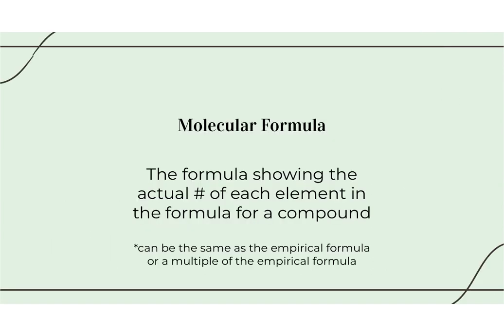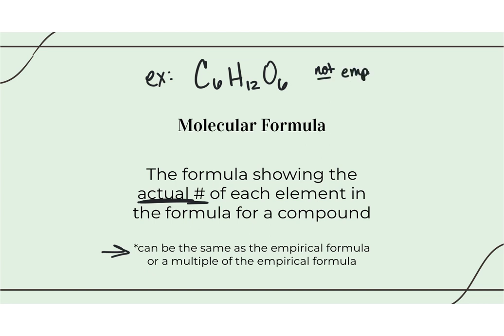So how does this then vary from a molecular formula? A molecular formula is showing the actual number of elements. So it could potentially be the same as an empirical formula, or it could be a multiple. An example of this would be sugar. Glucose is C6H12O6. This is not an empirical formula.